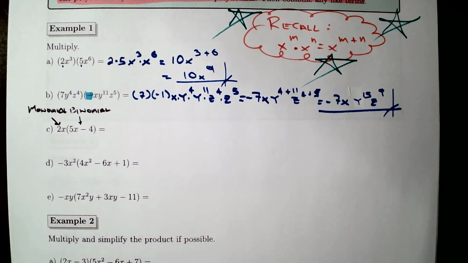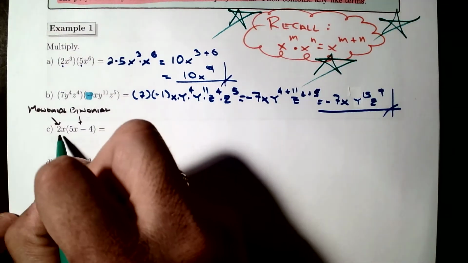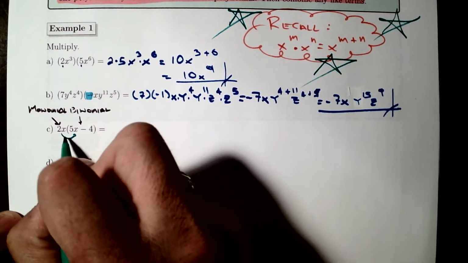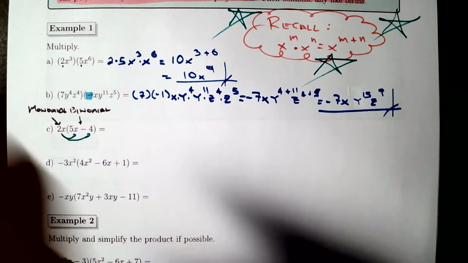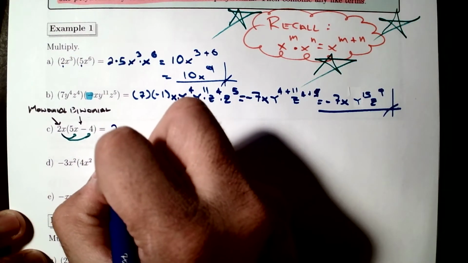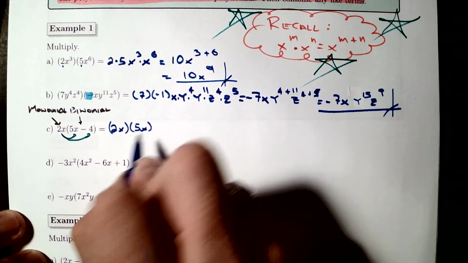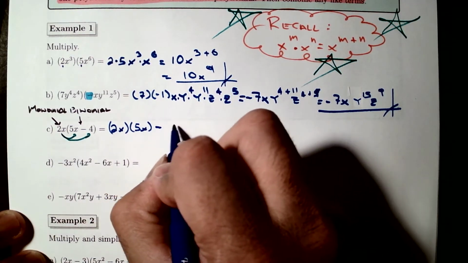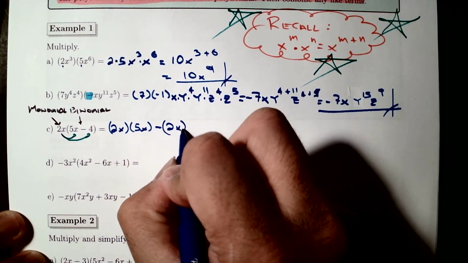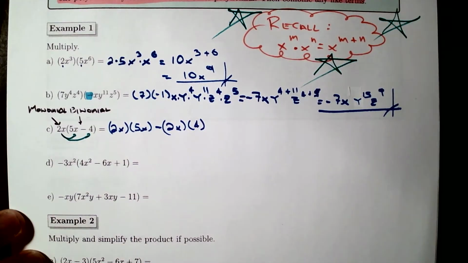So we're multiplying a monomial by a binomial, and all we do is simply 2x times 5x and 2x times negative 4. So 2x times 5x, and then minus 2x times 4.